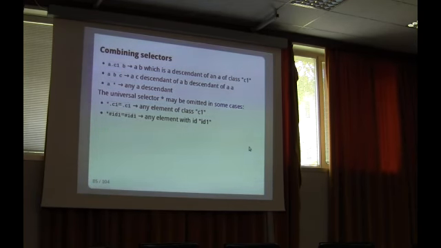A B C just returns true for elements of kind C that are descendants of elements of kind B that are descendants of elements of kind A. A space asterisk returns true for any descendant of A. The asterisk is also known as the universal selector and can be omitted in the syntax in many cases, for example, when it's followed by the specification of the class or of the attribute.